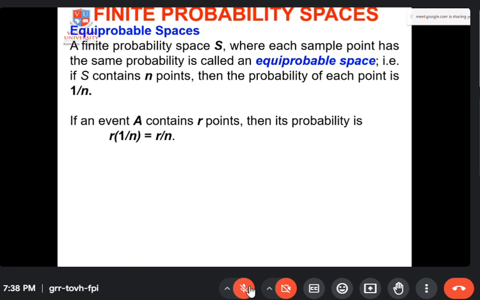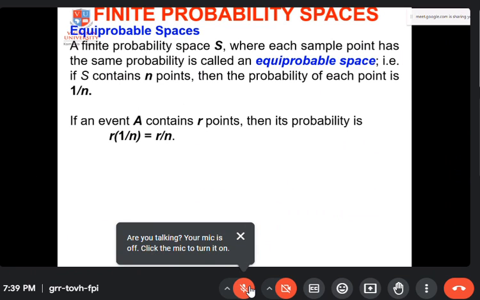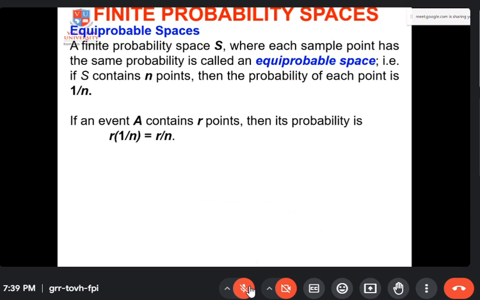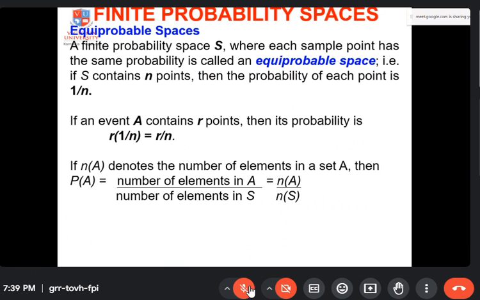So if the sample space is even, each point has the same probability, then for the number of points in the event, you just multiply by the probability of each point, and that will be the probability of that event.